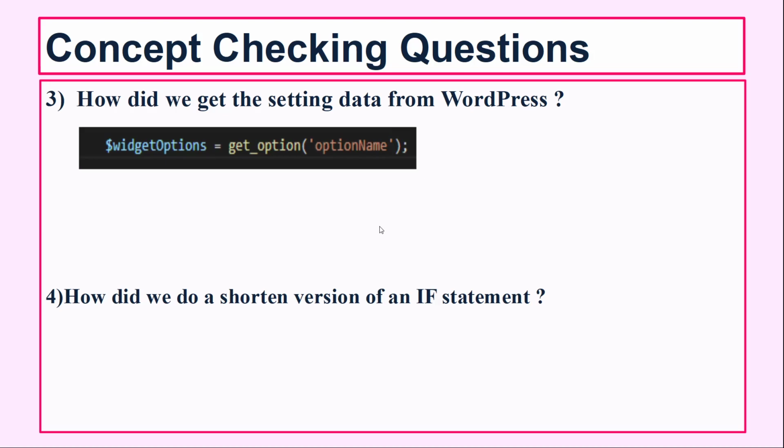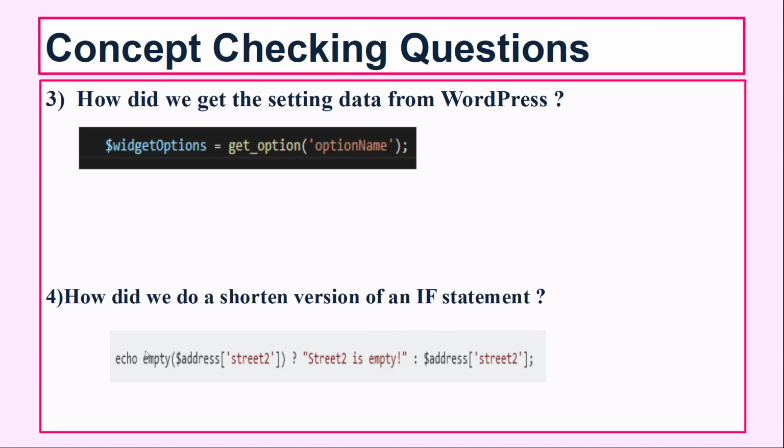And how did we do a shortened version of an if statement? We used the question mark to do it. Our condition was, is it empty? And if it's true, then we say this, else we do this. Remember in our earlier version we had the not in there, so that's why we swapped it around.